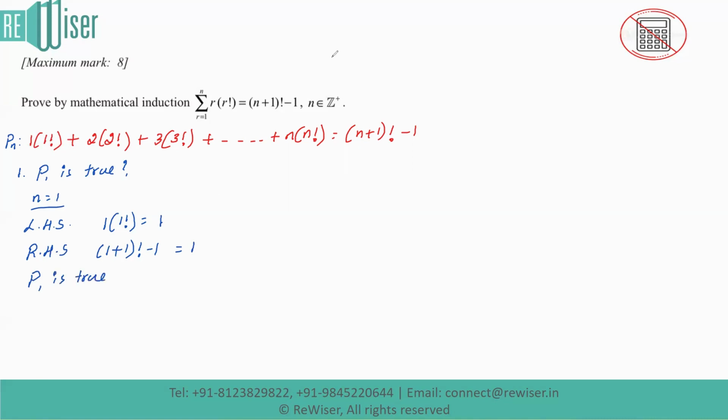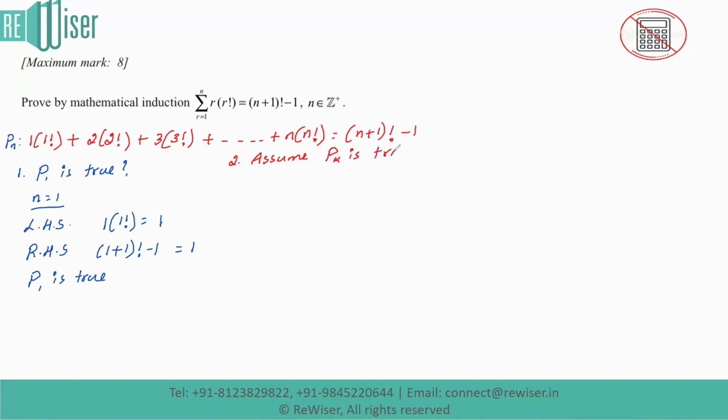Next, for step 2, what we have to do is assume that P of k is true. Let us assume P of k is true.